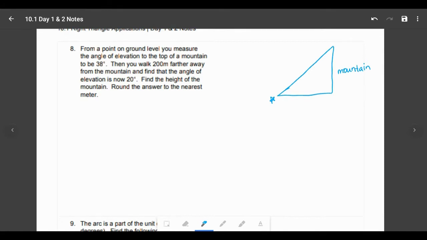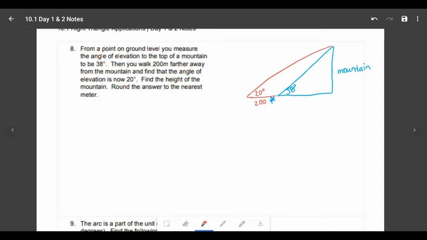And I know that that angle of elevation was 38 degrees. Then what I'm going to end up doing is I'm going to walk 200 meters farther. So I'm going to walk this way. So this is an additional 200 meters. And now at this angle, I know I have an angle of elevation of 20 degrees.